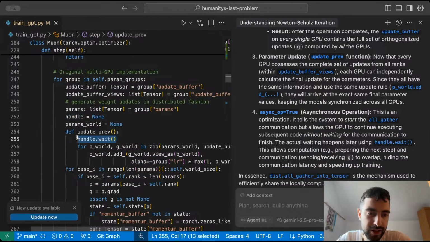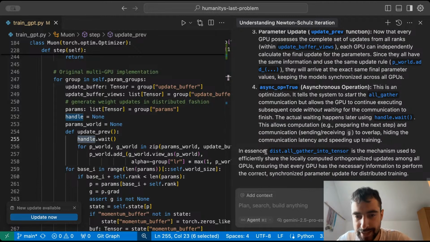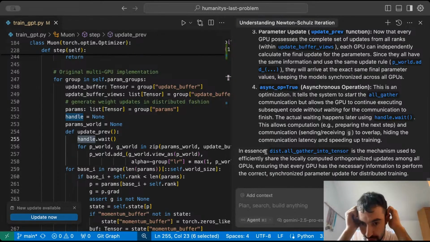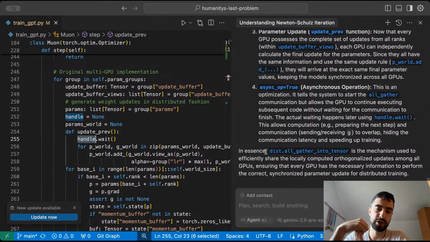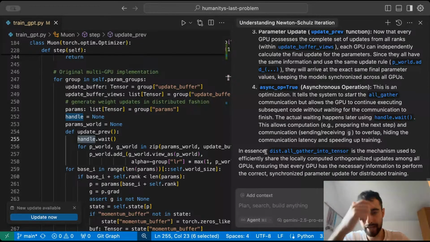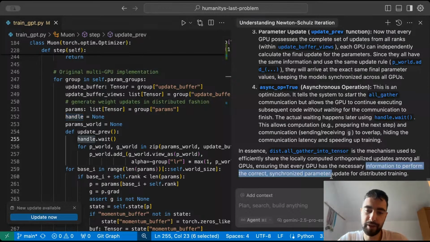Handle wait, but how much does it weigh? I don't know. In essence, this all-gather is a mechanism used to efficiently share the locally computed orthogonalized updates amongst all GPUs. Each GPU sends to every other GPU its part of the gradients it computed for the mini batch, ensuring that every GPU has the necessary information to perform the correct synchronized parameter update for distributed training.